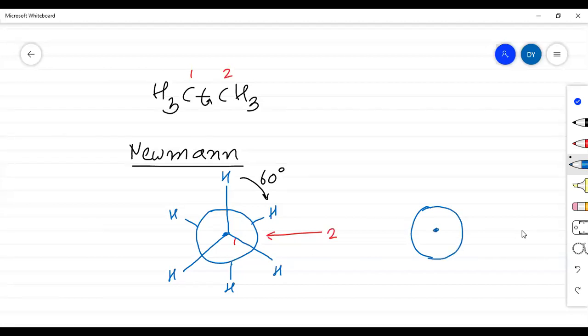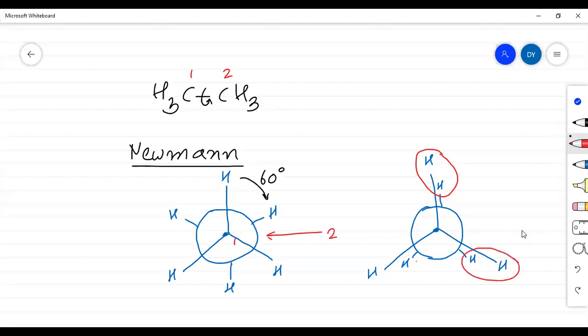So a circle with a dot, hydrogen, hydrogen and hydrogen. Then I have to rotate this. Due to this rotation, I get this type of structure. Now what happened in this structure? In this structure, the hydrogens hide each other. The front hydrogen completely hides the back hydrogen.